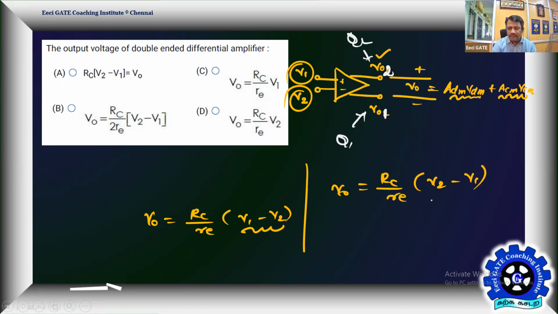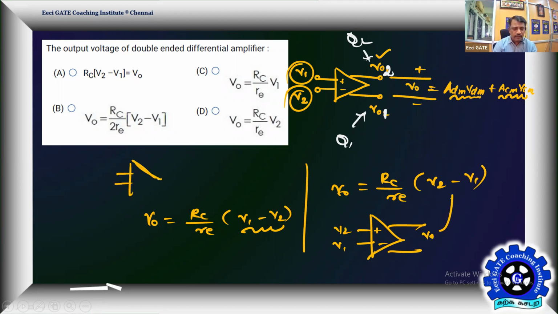What is given here is that the plus is connected to V2, minus is connected to V1. So we get this expression for V0. And according to this, it's a dual output. If the plus is connected to V1 and V2 connected to the minus, then this will result in such a V0. So expecting any one of these two.